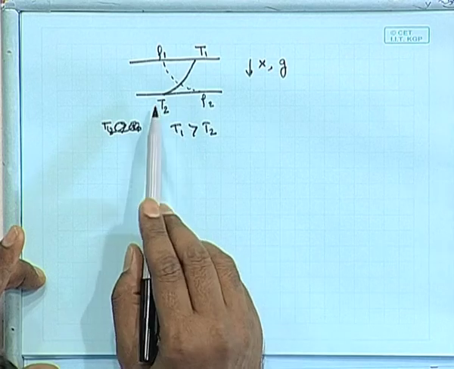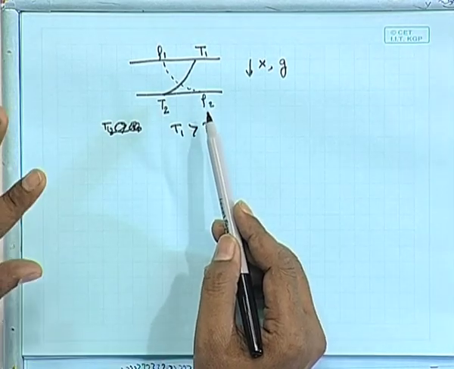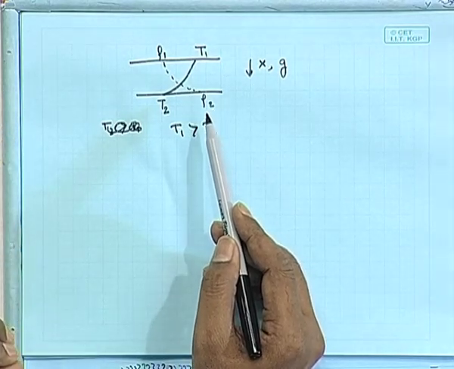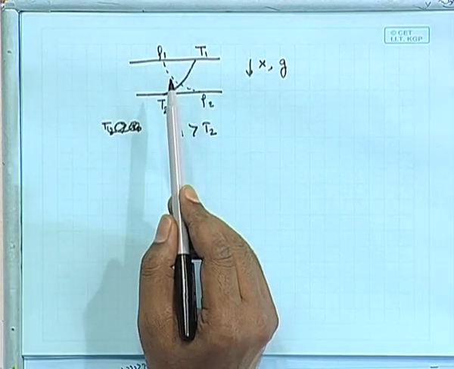Once again, let us say we have the same scenario, but the top plate is at a higher temperature compared to the bottom plate. The fluid adjacent to the top plate will become lighter, so it will stick to the top plate.